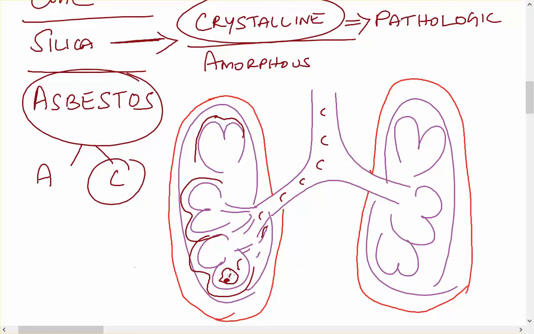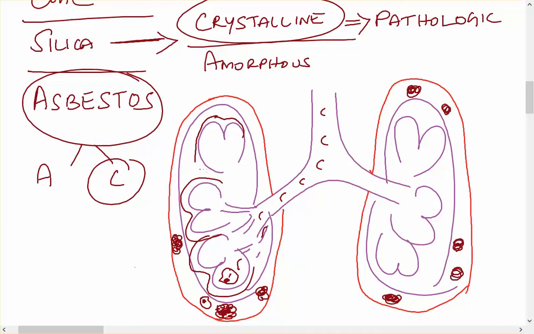and they produce chronic inflammation, and they also go to the pleura, and they produce pleural fibrotic nodules. You understand?